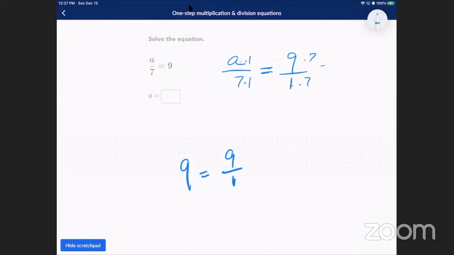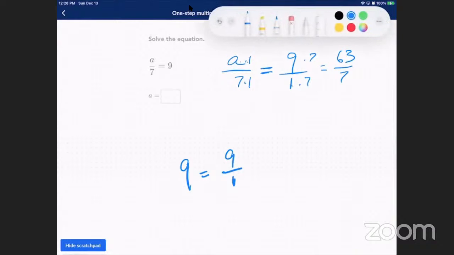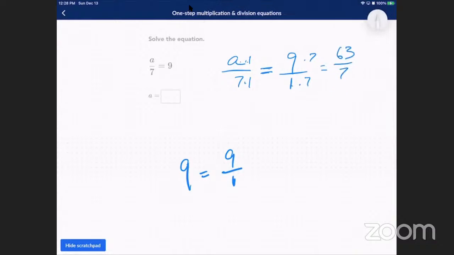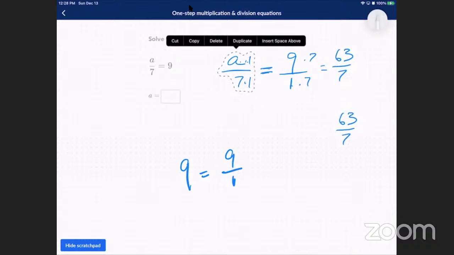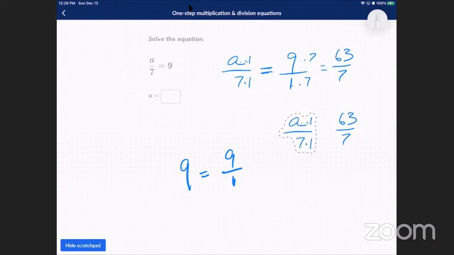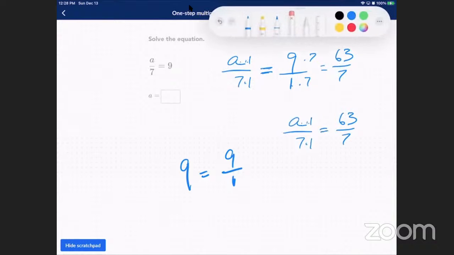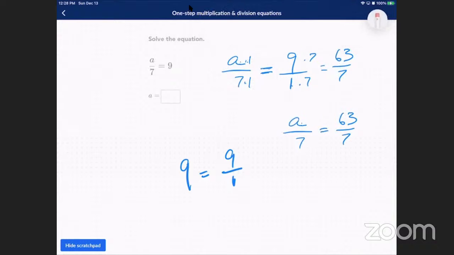This would lead us to 9 times 7 is 63. So we need to bring this down, and you would just end up with a over 7.